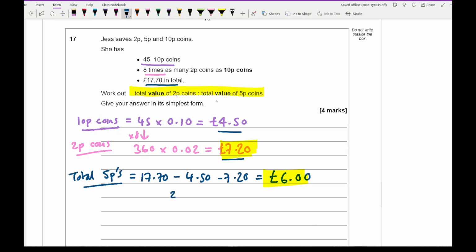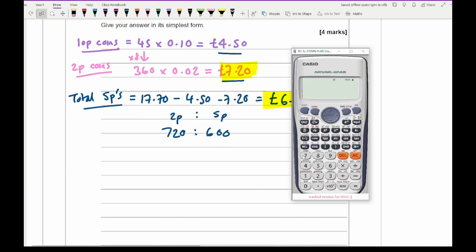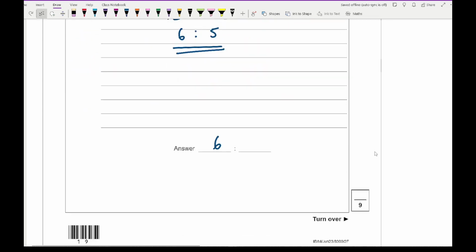So we've got 2p coins and 5p coins, and now just working with pence, I've got 720 to 600. Then all I need to do is simplify this ratio. Again, if I use my calculator, I can treat it as a fraction. So if I did 720 over 600, press equals, it simplifies to give me 6 to 5. And there is my final answer for that one.